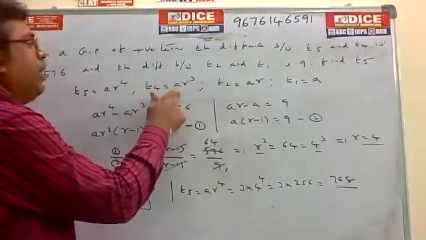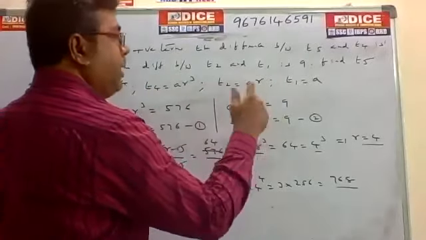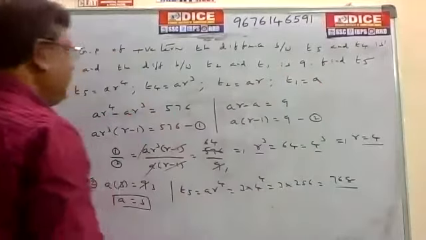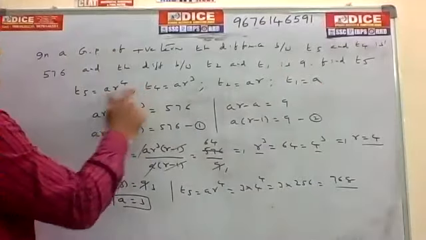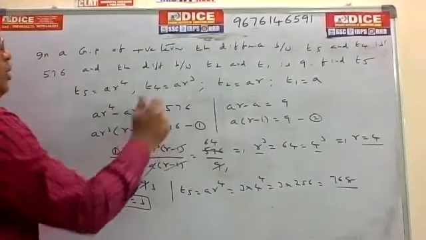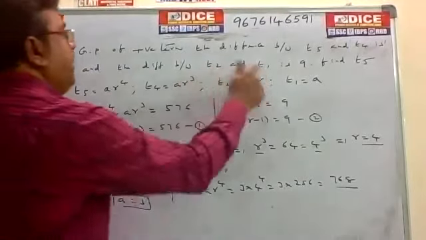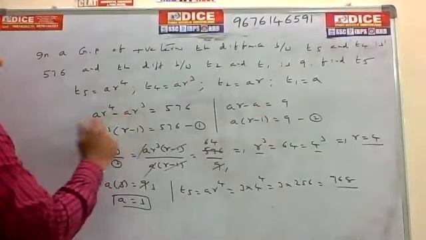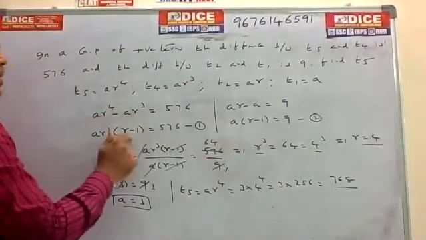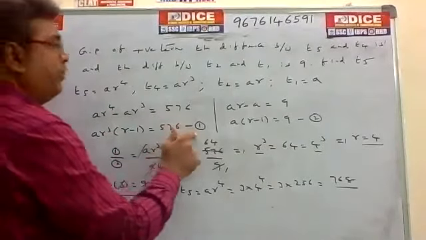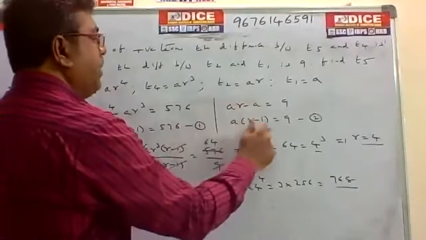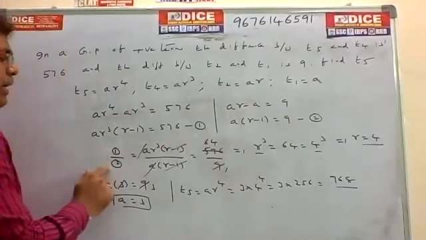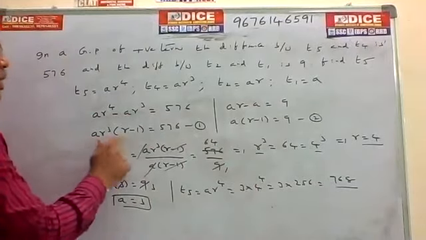So T4 will be A into R cube, T2 is A into R because n is 2 and 2 minus 1, and T1 is A. The difference A into R to the power of 4 minus A into R cube is equal to 576, and the difference AR minus A is equal to 9. Take A R cube common, R minus 1 is the first equation. Take A common, R minus 1 is the second equation. Now I am writing first equation by second equation. This is first equation A into R cube into R minus 1.